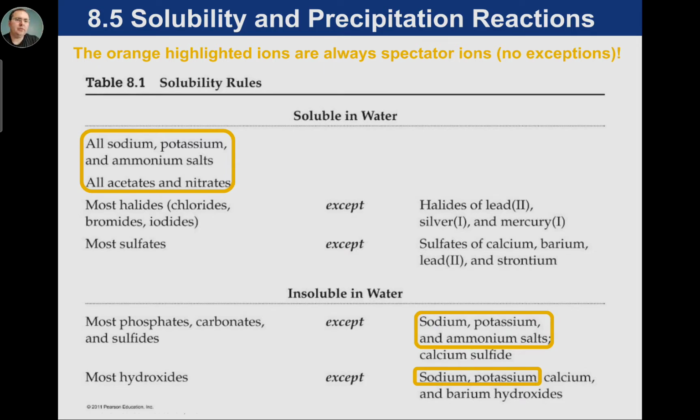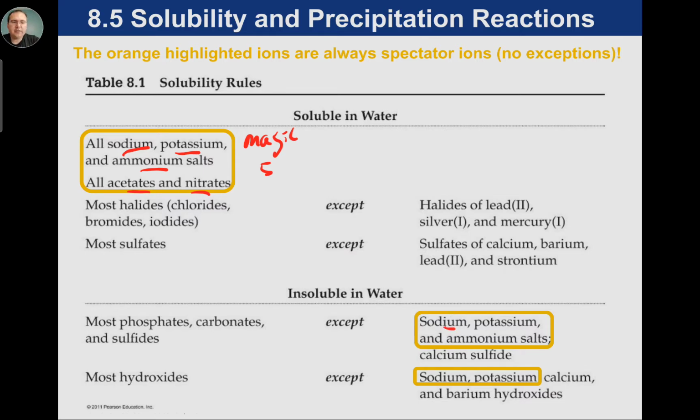My hope is that you look at this chart and you realize these magic five are sodium, potassium, ammonium, acetate, and nitrate. And if we have those, we have water solubility every time.